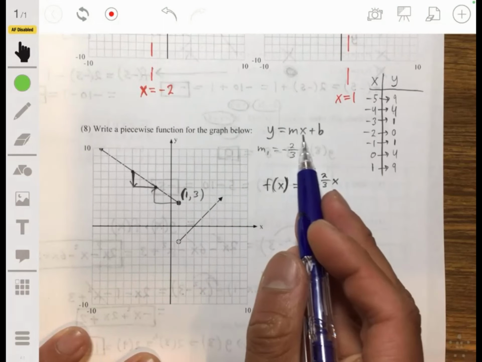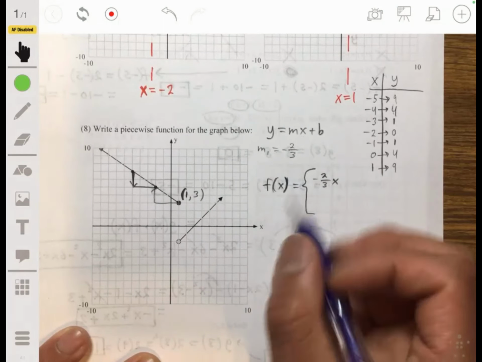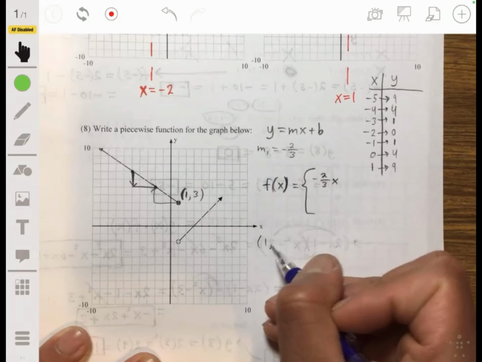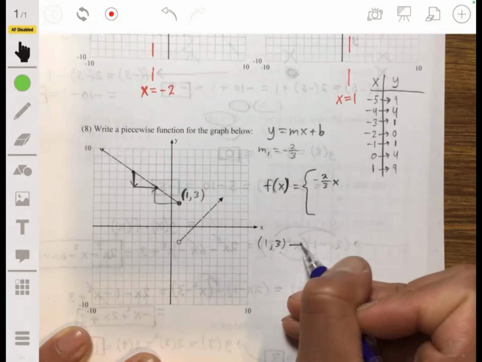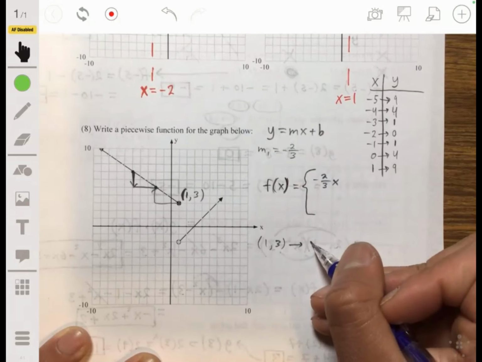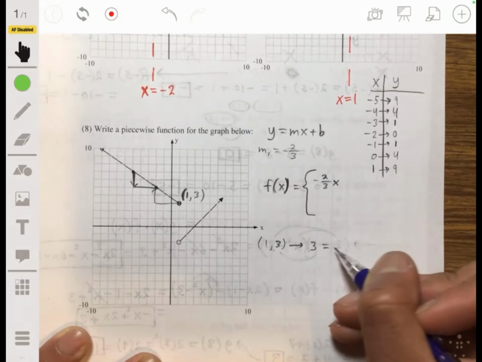So let's just solve this equation for 1, 3. So we can plug 1, 3 into here. So we're going to get 3 equals negative 2/3 times 1 plus b. So we have 3 is negative 2/3 plus b.